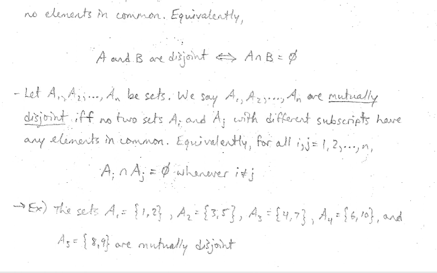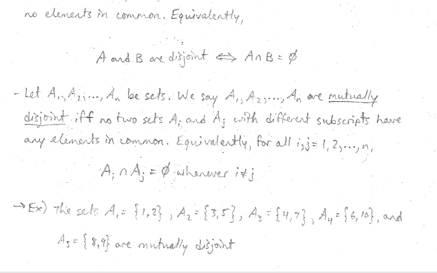So here's a really basic sample to illustrate sets being mutually disjoint. A1 is the set containing 1 and 2. A2 is the set containing 3 and 5. A3 is the set containing 4 and 7. A4 is the set containing 6 and 10. And A5 is the set containing 8 and 9.